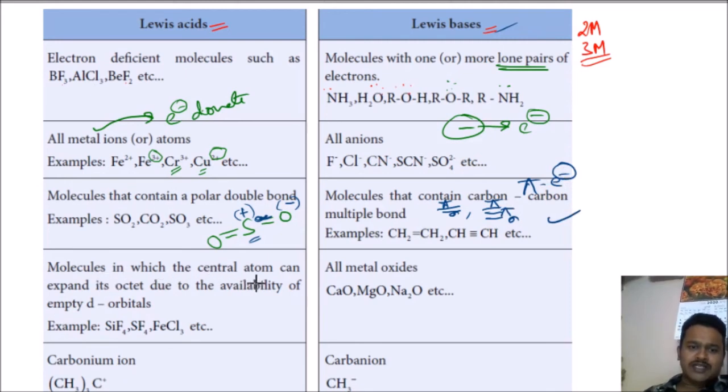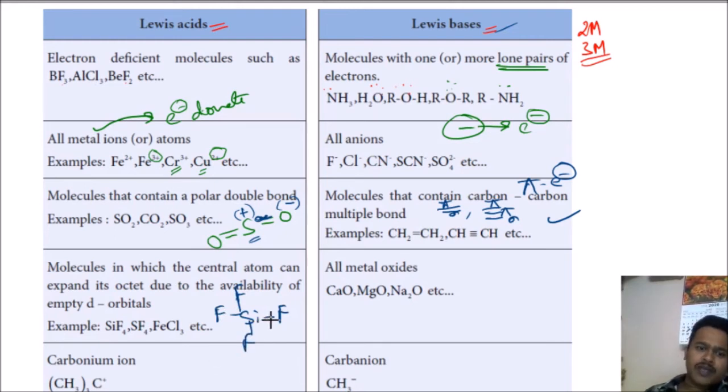Molecules in which the central atom can expand its octet due to the availability of empty d orbitals. See here, SiF4: one fluorine here, one fluorine here, one on this side, one on this side.